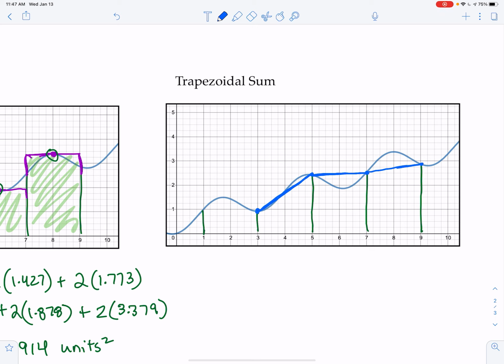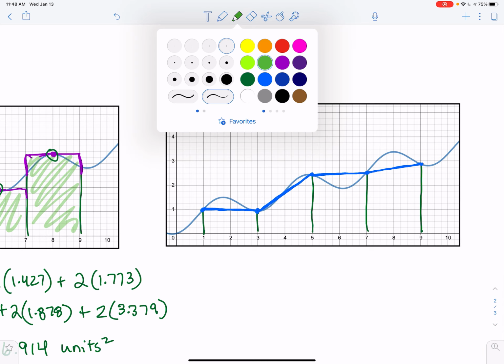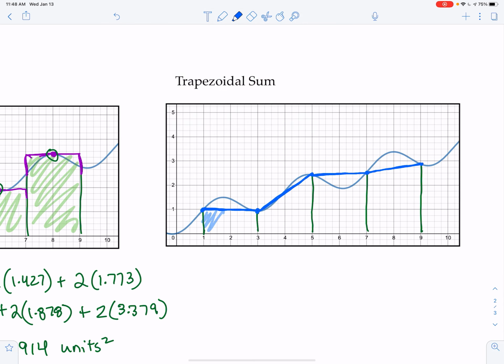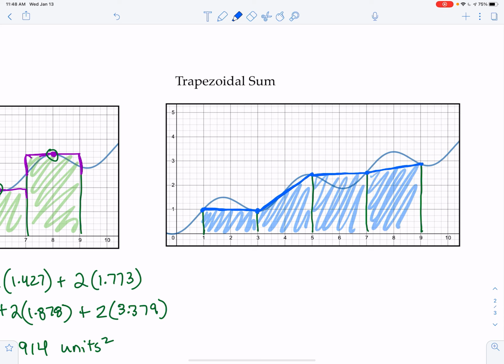But it's important to note that there is some level of slant here to these lines, some level of slope. And so we are going to fill these in. And you might argue that that seems to be a little bit better of an approximation, especially as our curve slopes upward and downwards.